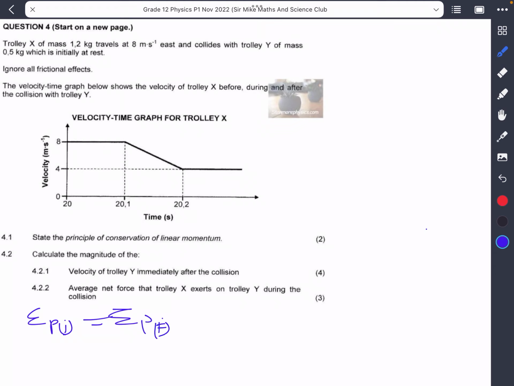If we expand that, you can note that we have two trolleys, trolley Y and trolley X. So I'm going to expand that equation.